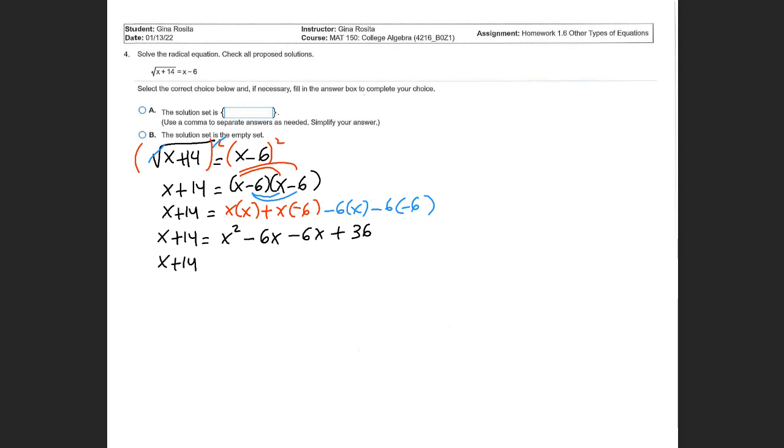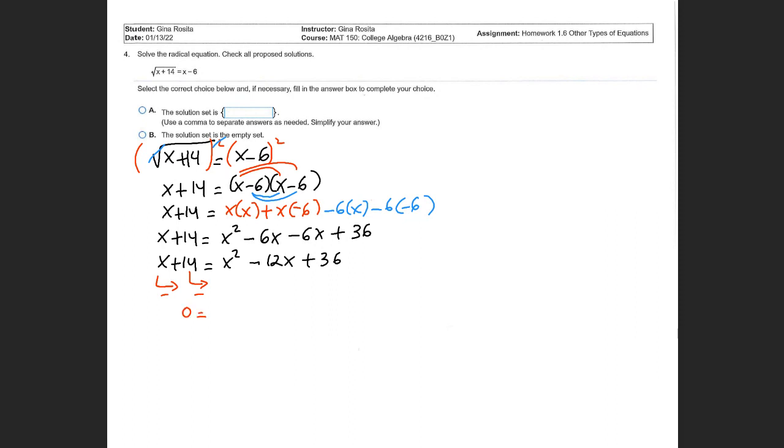Now x plus 14 equals x squared, negative 6x minus 6x, the answer is minus 12x plus 36. So now move everything to the right side, yeah. So this becomes minus, this becomes minus.